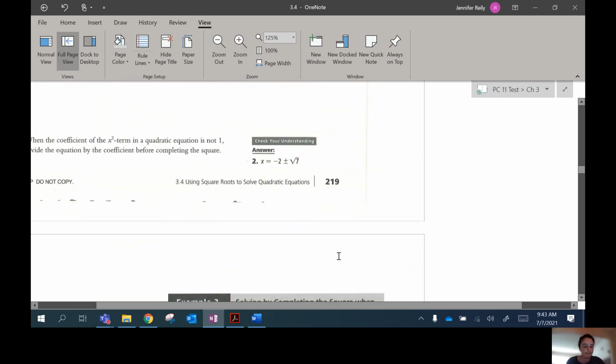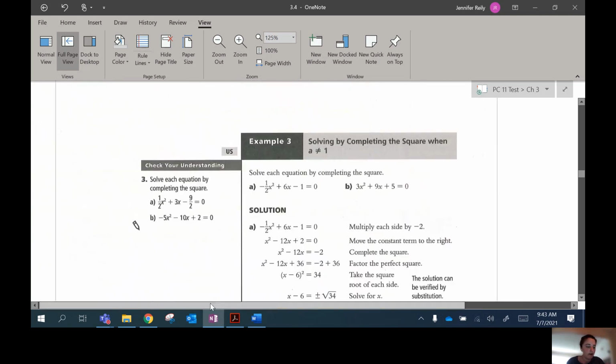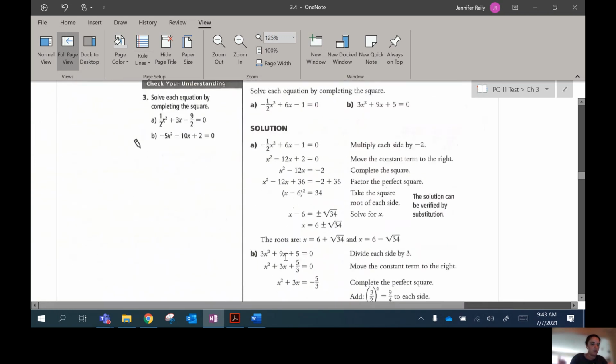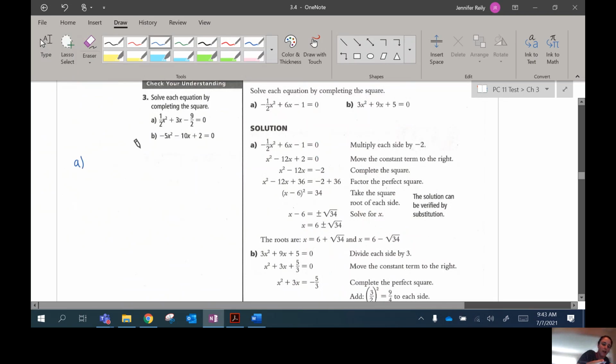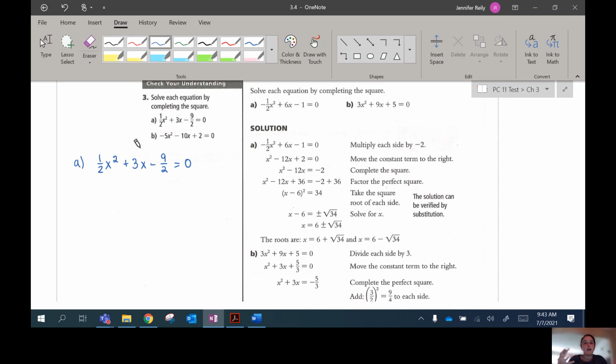Let's try one more. This time we're going to have a little bit more of a complicated situation. So I'm going to do A, and then you guys can try B on your own if you like. What happens if the coefficient in front of the x squared term is not equal to 1? If it's not equal to 1, then our little formula for completing the square is not going to work.